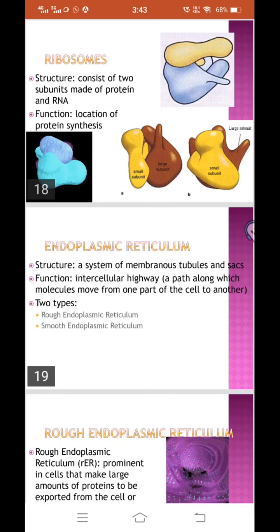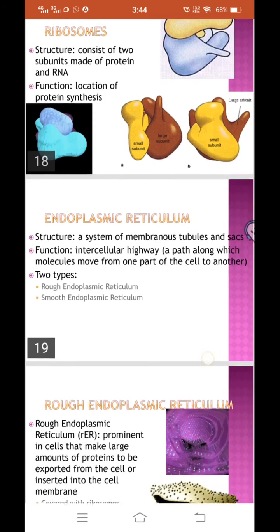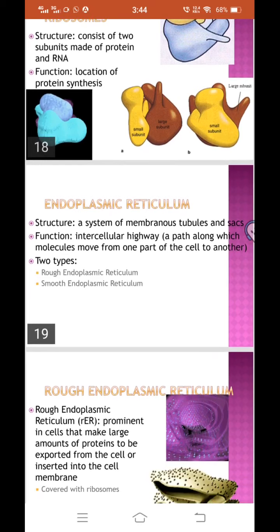Okay, so this rough endoplasmic reticulum is generally present in the cell that makes large amount of the protein which is used for transportation from the cell or inserted into the cell membrane. ठीक है, so यहाँ पर हमारे पास rough endoplasmic reticulums जो होते हैं, they are present in the cell, and there is the exported protein, transferred from one part of the cell to another part of the cell.